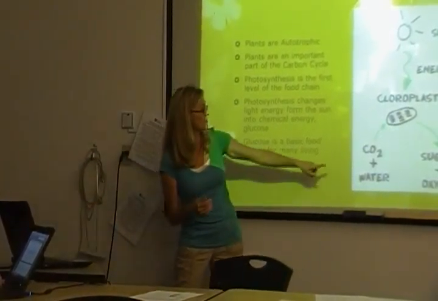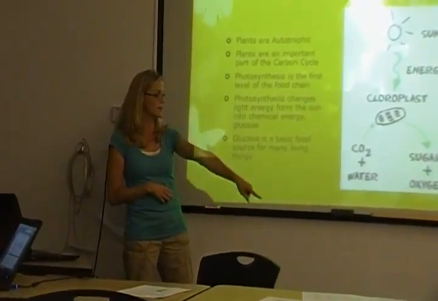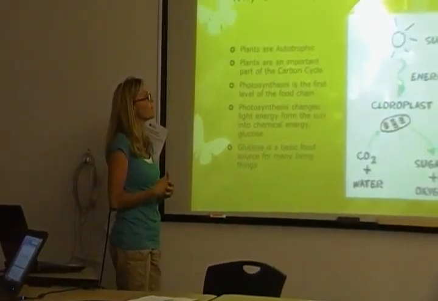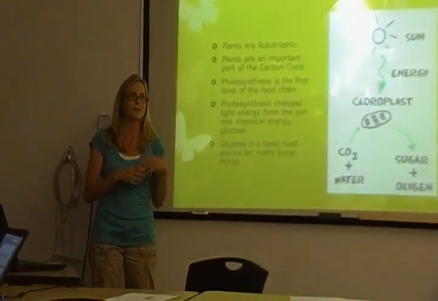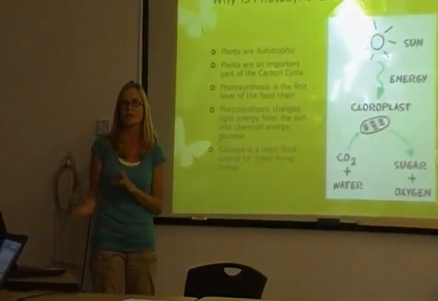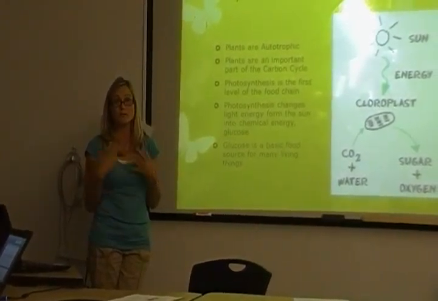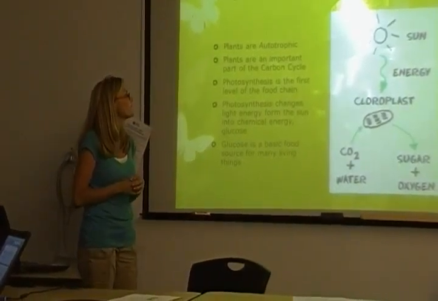Carbon goes in as carbon dioxide, comes out as part of this molecule, glucose. So the carbon cycle we hear about all the time, our carbon footprint, fossil fuel burning, carbon dioxide, greenhouse gases. The carbon cycle is important to the health of our planet, and plants are a very important part of that.